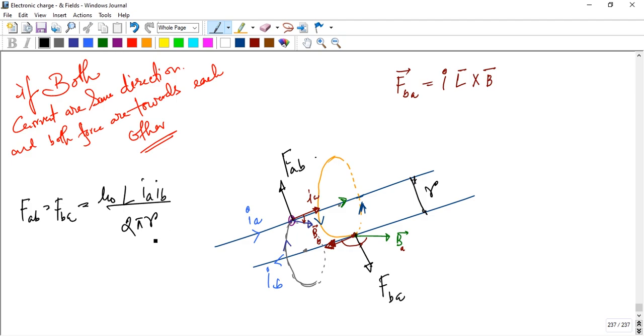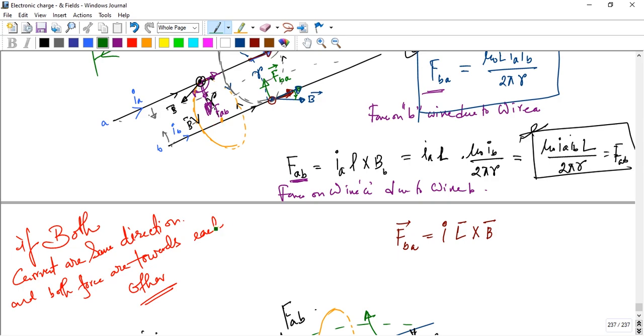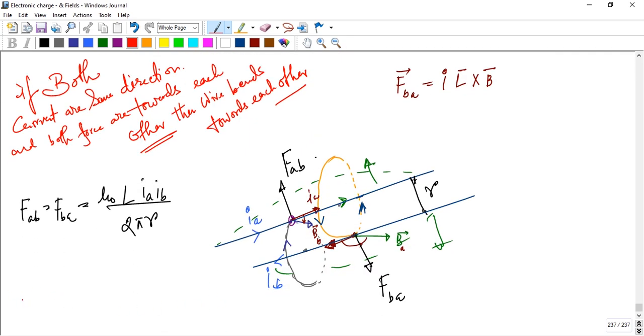The magnitude is the same, but directions are opposite. So when current passes through these wires in opposite directions, they bend in opposite directions. In the earlier case, they bend towards each other; here they bend away from each other, because the force is in opposite directions. Okay, clear? That's the main conclusion.